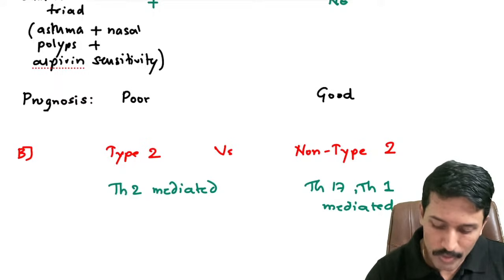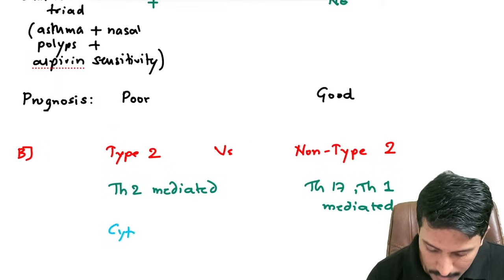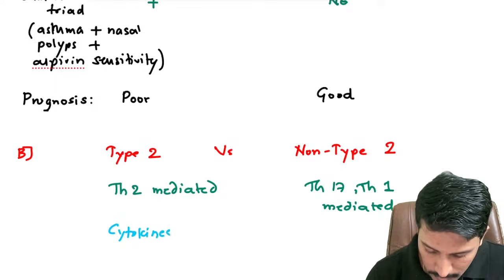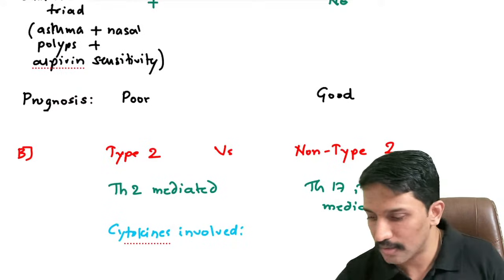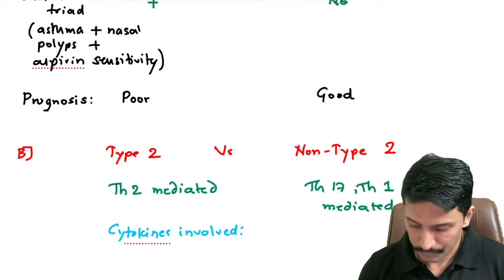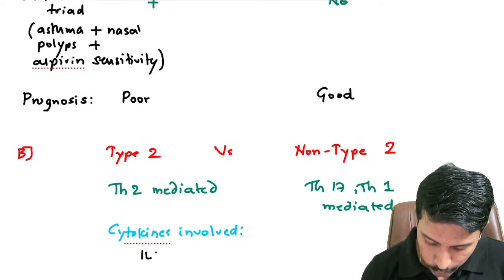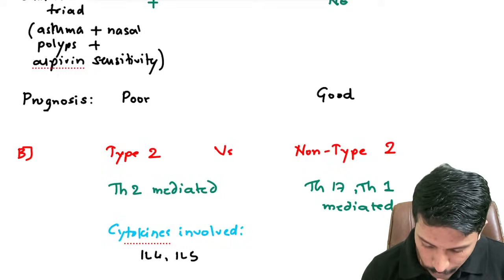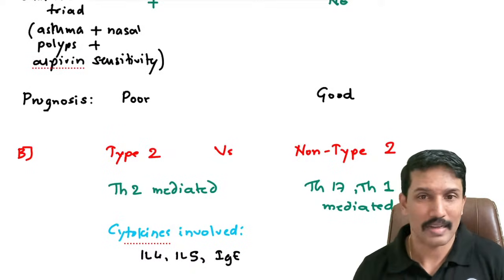So if Th2 is responsible for triggering the inflammation, then the cytokines that are involved mainly include, can anybody tell me what all cytokines are involved in type 2 asthma? In type 2, it is interleukin 4, interleukin 5 and IgE. These are the things I want you to remember.